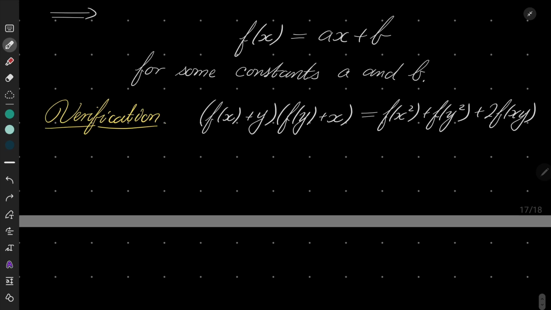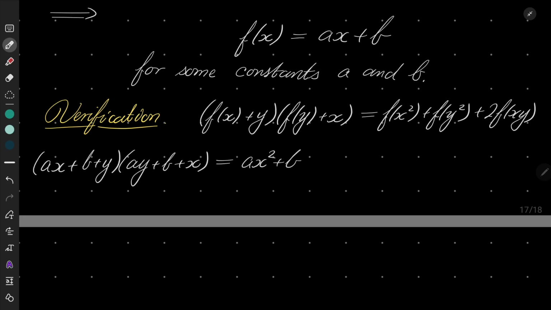We have the following: (ax + b + y) times (ay + b + x) equals (ax^2 + b) plus (ay^2 + b) plus 2 times (axy + b).